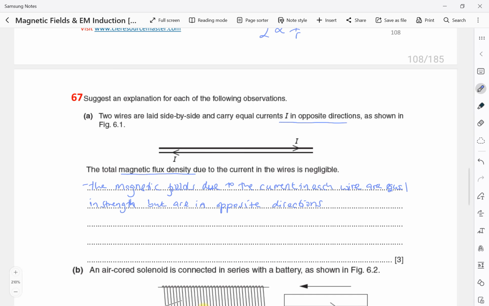Because the currents are in opposite directions, when you use the right-hand grip rule on each wire, you notice that the magnetic fields are going to be in opposite directions. But because the currents are equal, the magnitudes of the magnetic fields are equal.